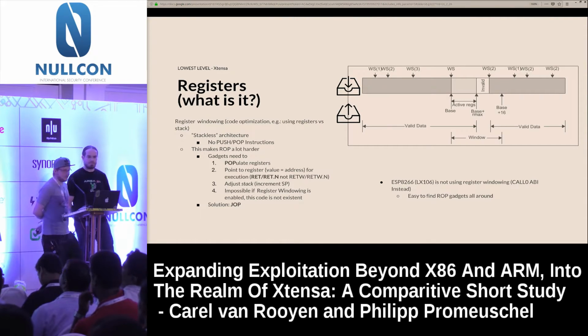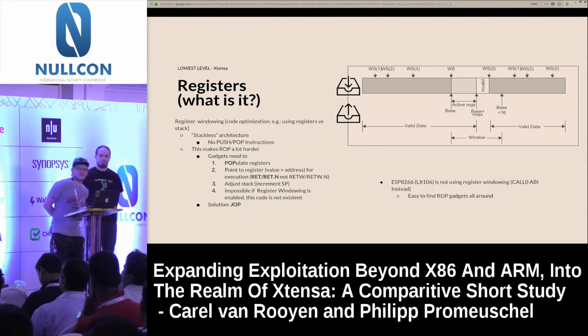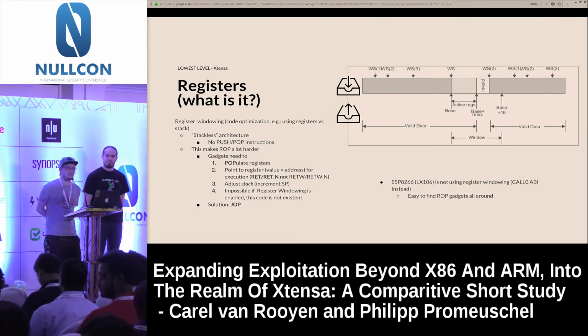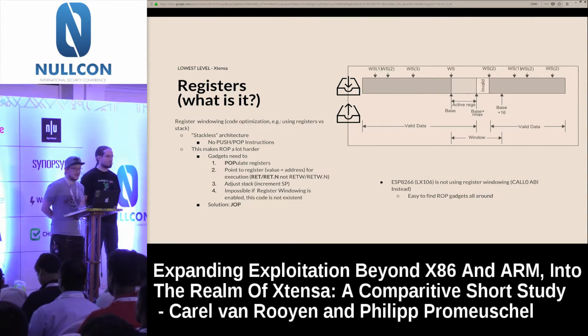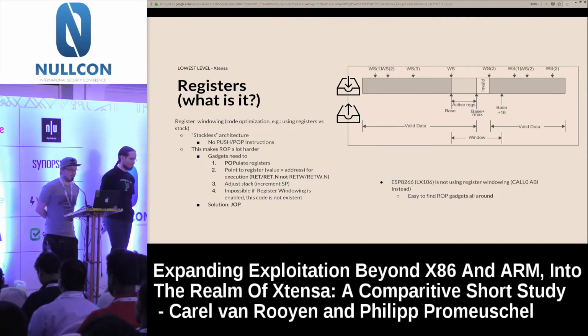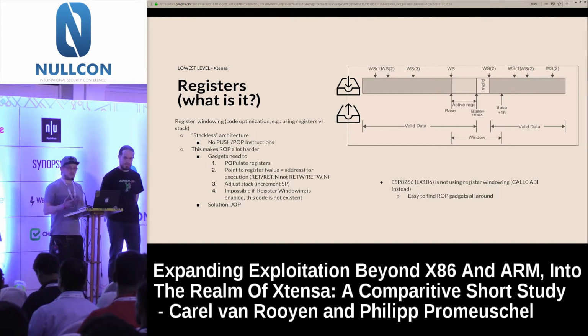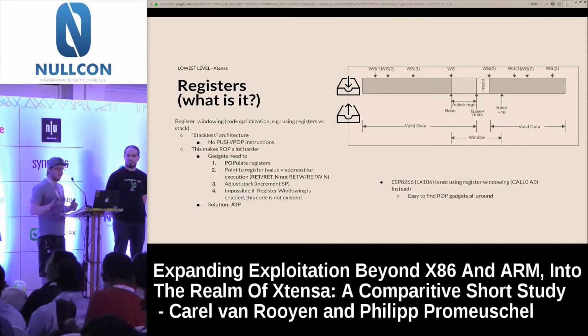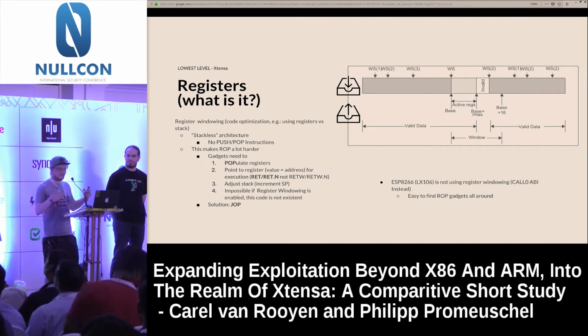So today we look a lot at the two different ESP releases, the ESP32 and the ESP8266. And the ESP32 is configured to use the so-called register windowing ABI, which means we basically have a stackless architecture, and the instruction set is not even giving us push and pop instructions. So on each function call, we rotate the window for local registers.